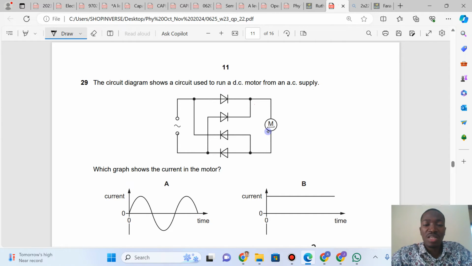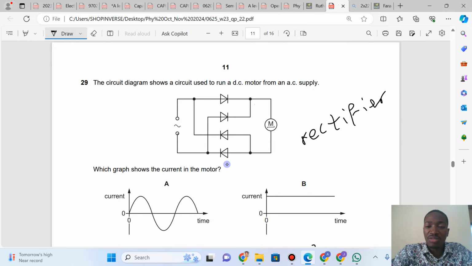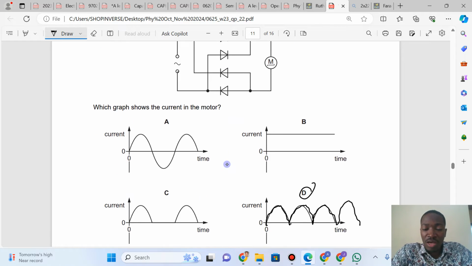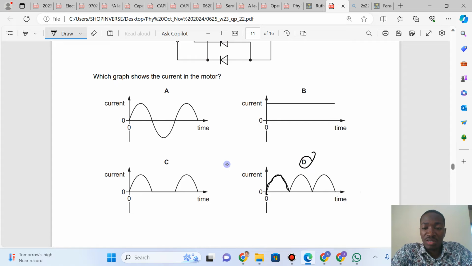But do you think that this diode acts as a rectifier? Rectifier. So they try to rectify by turning AC into DC to ensure current only flows in one direction through this motor here. So that makes D the only correct answer to that question.